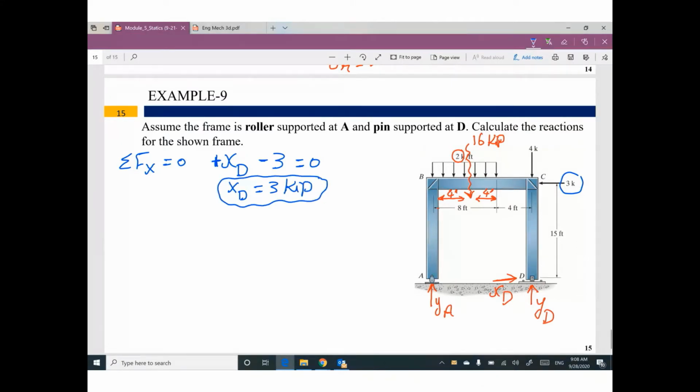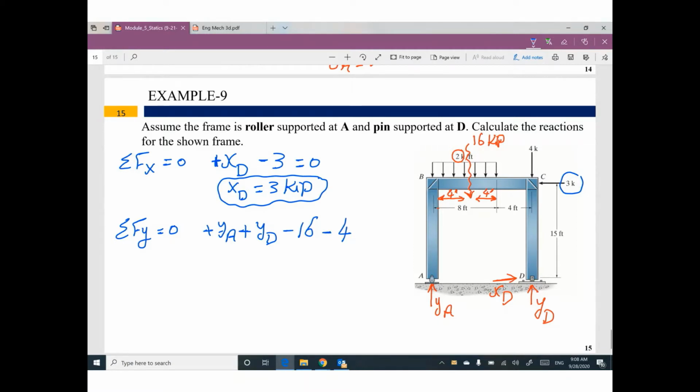Second equilibrium equation, summation of all forces in y direction equals 0. What forces do you have in y direction? We have positive YA. We have positive YD. We have negative 16. We have negative 4. Please don't forget any.